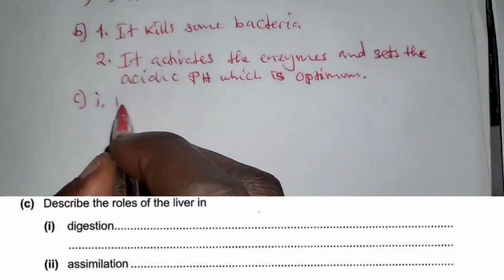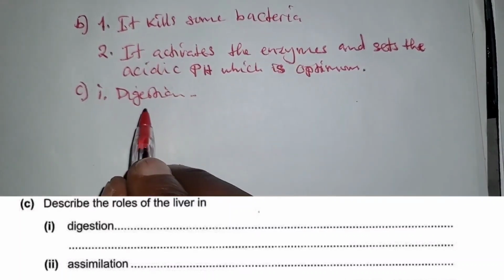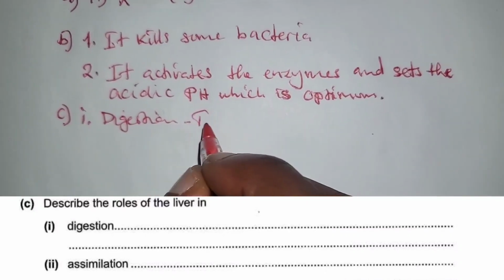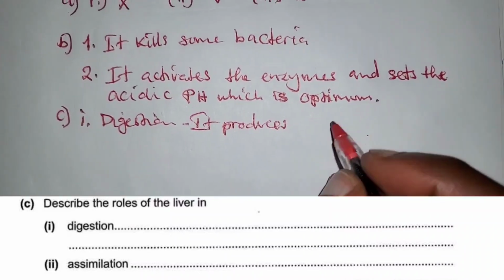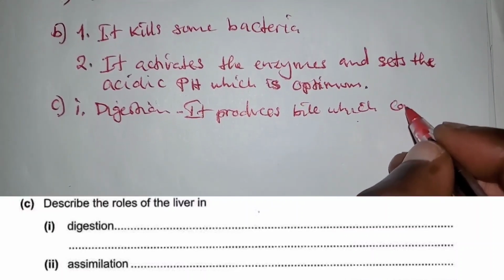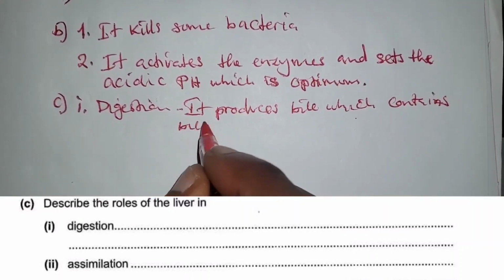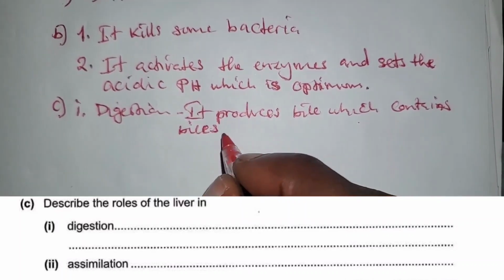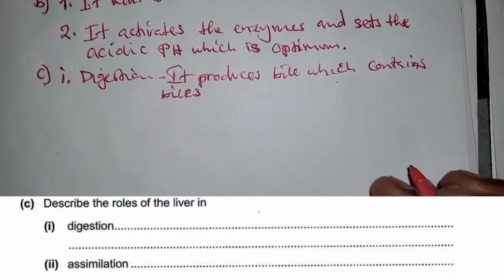So the role of the liver in digestion is that it produces bile, which contains bile salts.